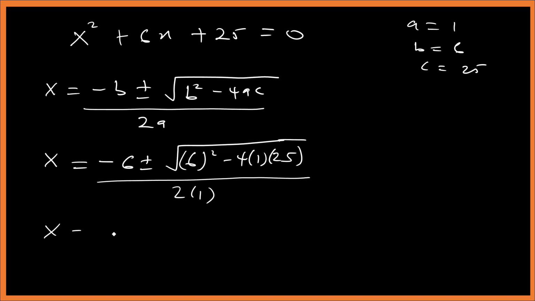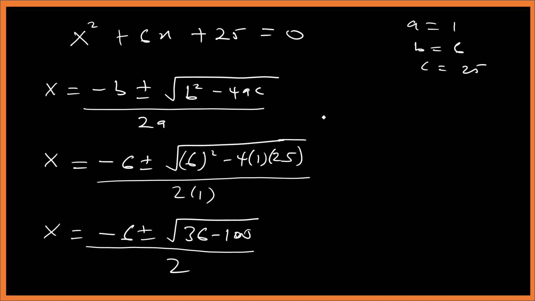So we have x equals minus 6 plus or minus square root of 36 minus 100 on 2.